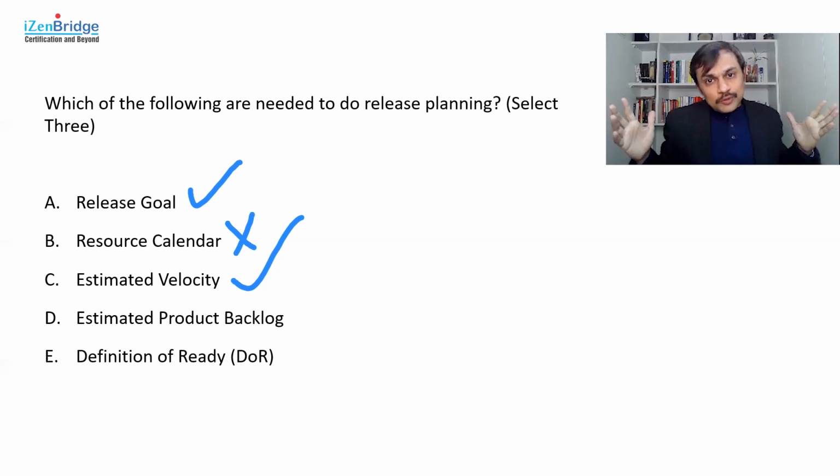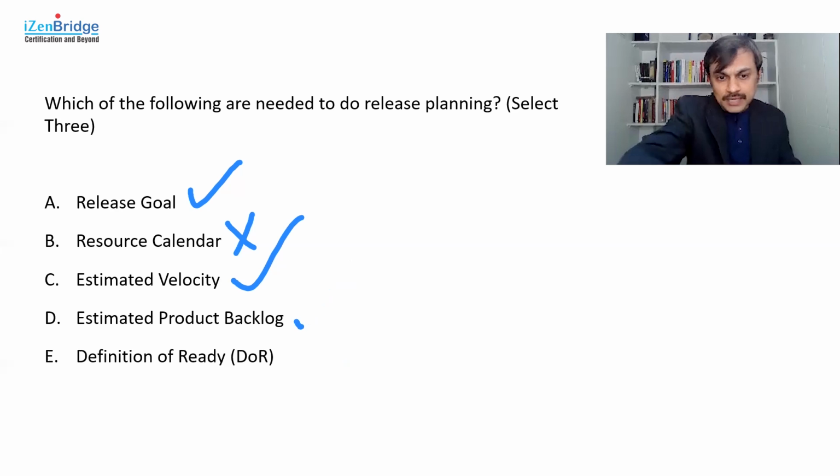Now, 100% of the product backlog may not be estimated at that point in time, because you need to focus on the part which is candidate for upcoming releases. But a fair amount of product backlog estimation can be a good input for our release planning activity. It's a good thing, unless we have a better option in B.